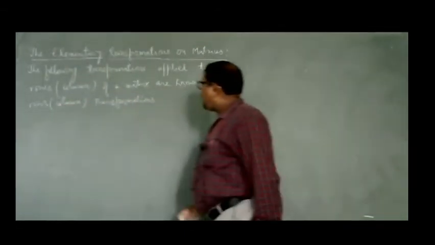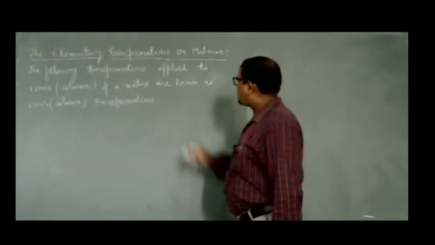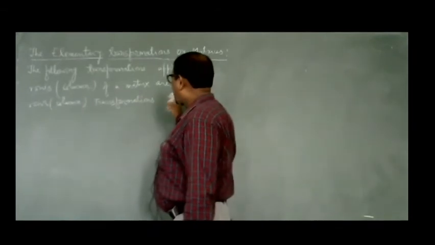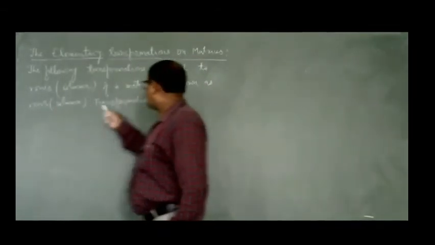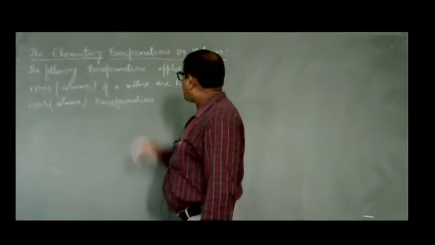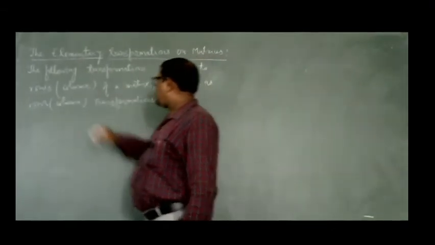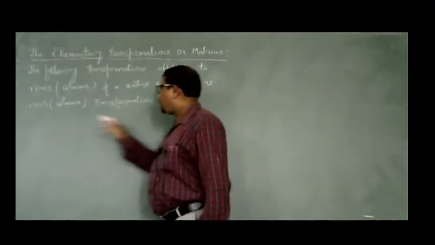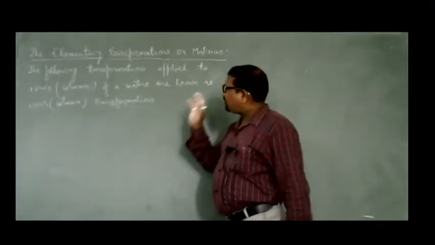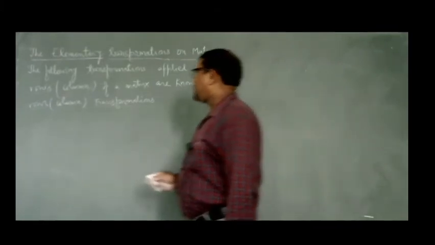Meaning thereby, when you apply the transformation on rows, it is known as row transformation. When we apply the transformation on columns, it is known as column transformation. Basically, these transformations are called elementary transformations.